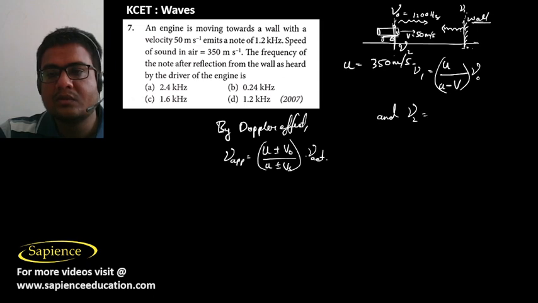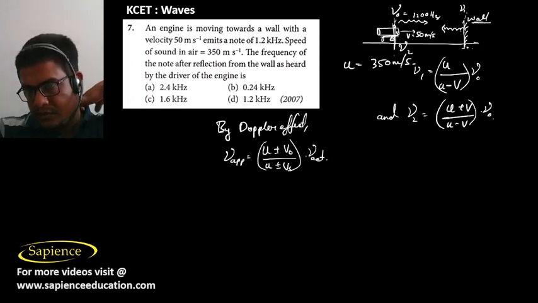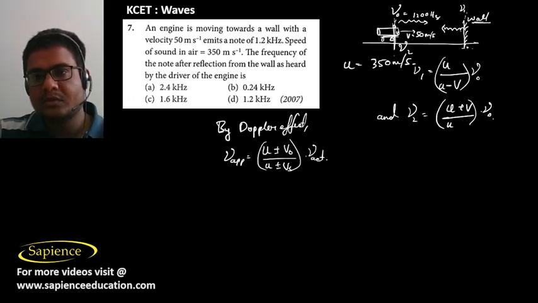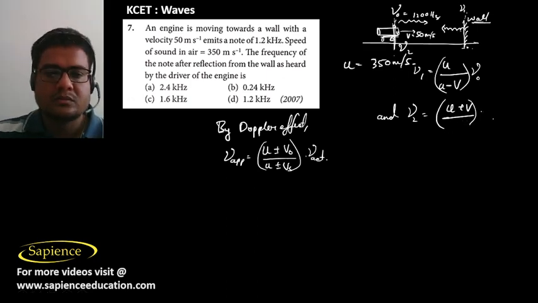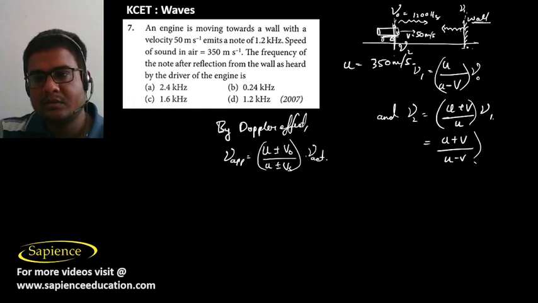Now the observer is moving towards the source, so nu 2 will be u plus v by u into nu 1, since the source is not moving here. If we solve it, we will have u plus v by u minus v into nu naught.